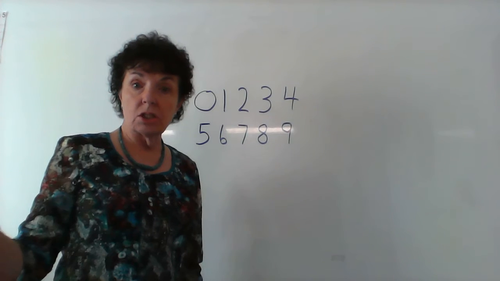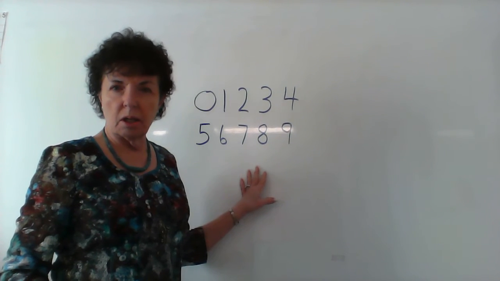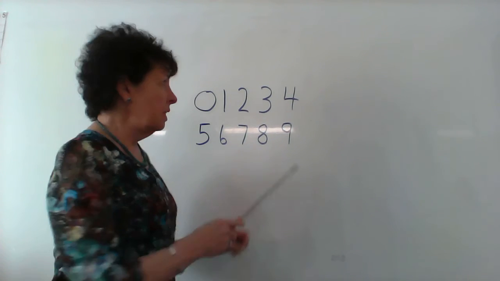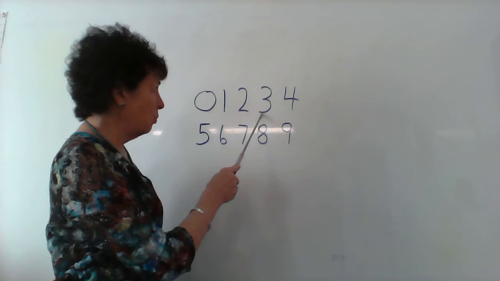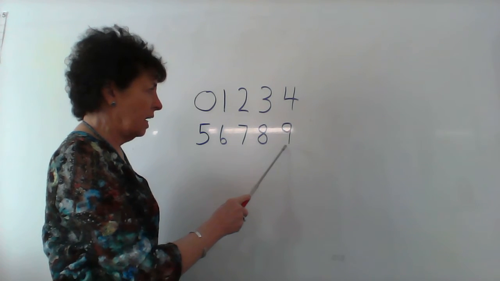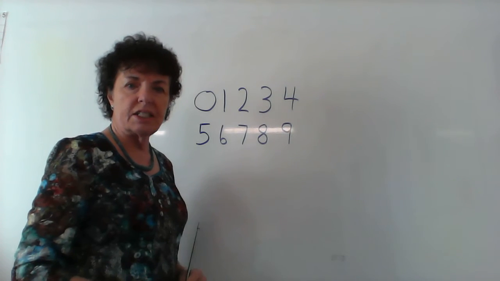But before we get started and I put the paper up on the board, I wanted to talk to you a little bit about something that's been confusing some of you. These numbers, 0, 1, 2, 3, 4, 5, 6, 7, 8, and 9 are numbers. They're also digits.